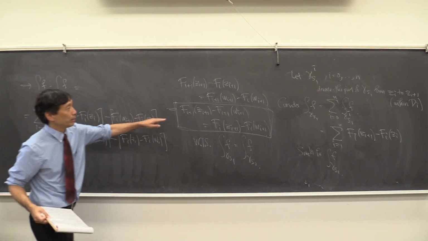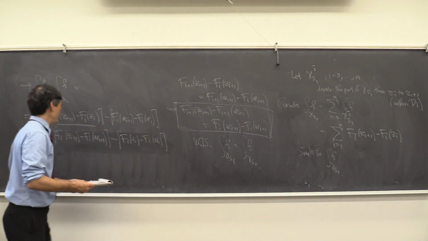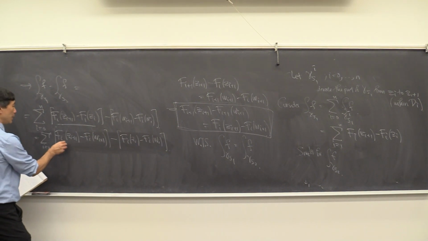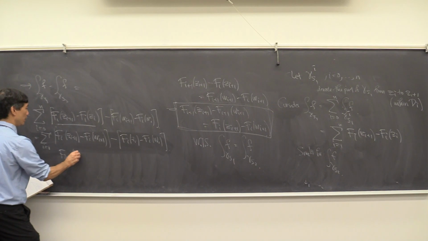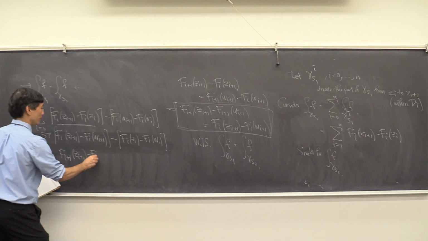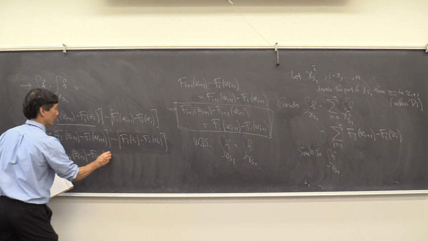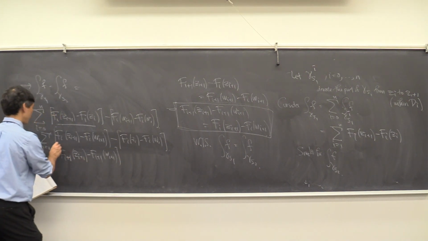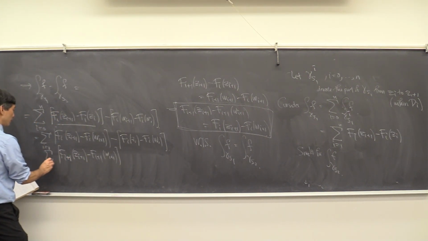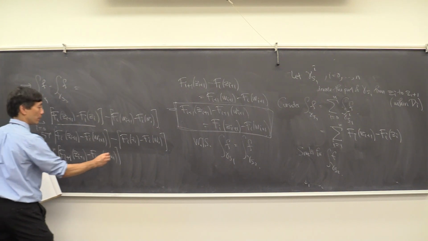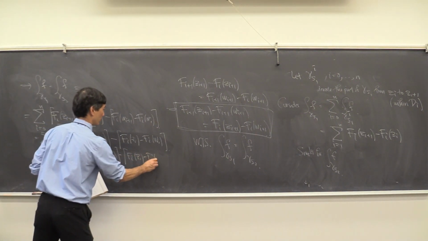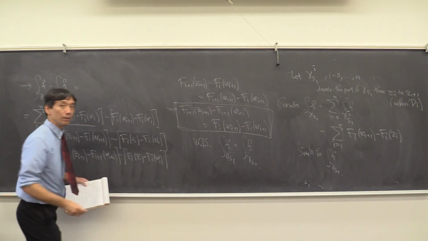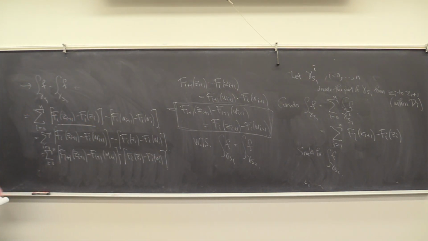Now we pull the trick here. We can turn this into f sub i plus 1 at z sub i plus 1 minus f sub i plus 1 at w sub i plus 1. And then what do we have?